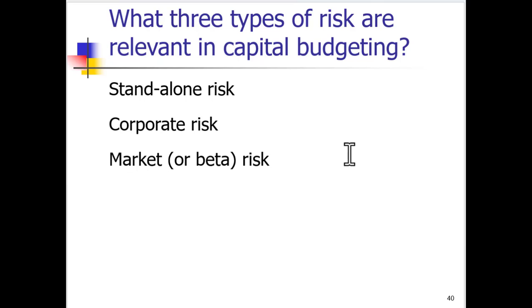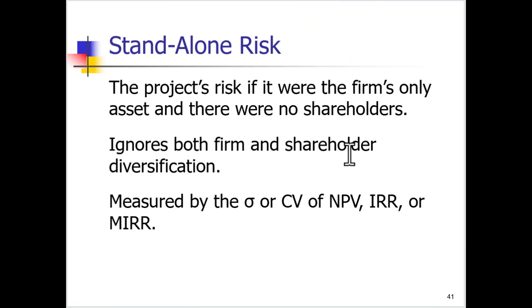There are three basic types of risk when we think about capital budgeting: standalone, corporate, and market risk. So let's see if we can define them. Standalone risk is the project's risk if it were the company's only asset and they had no shareholders. So we don't care about diversification at all.